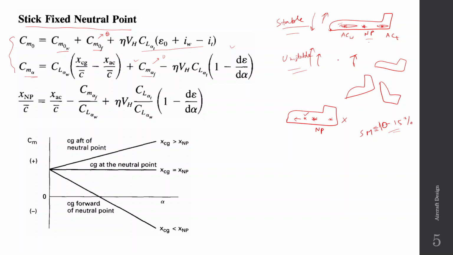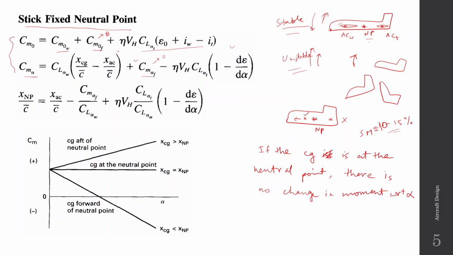As I said, if the CG is at the neutral point, there is no change in moment with respect to the angle of attack. Okay, so that is the meaning.